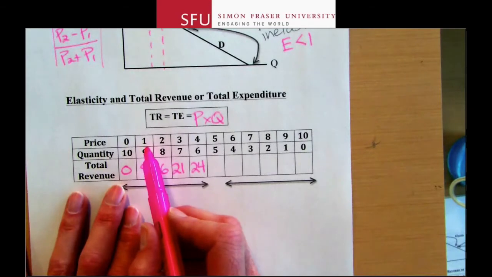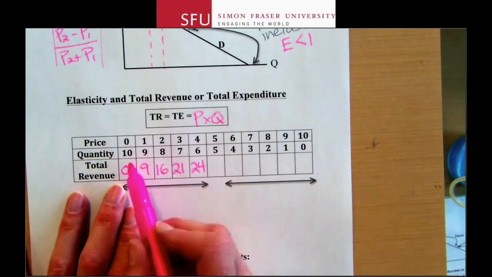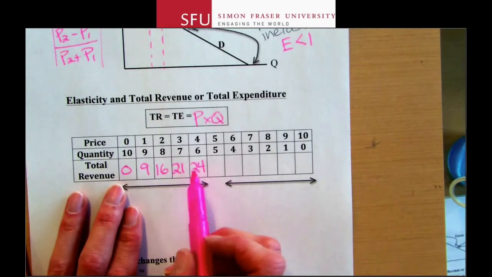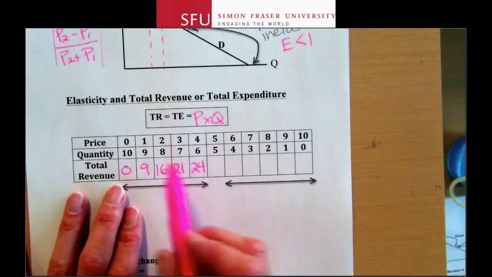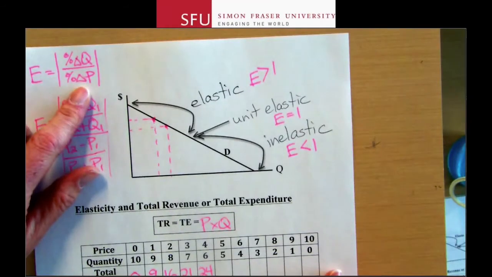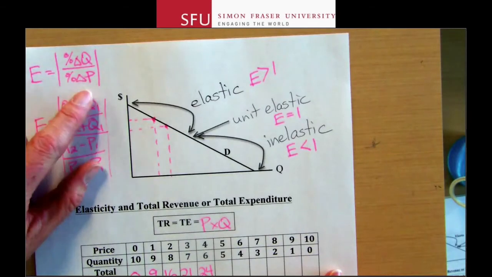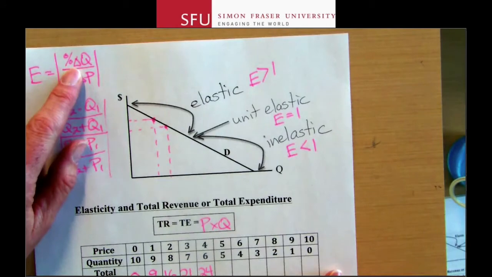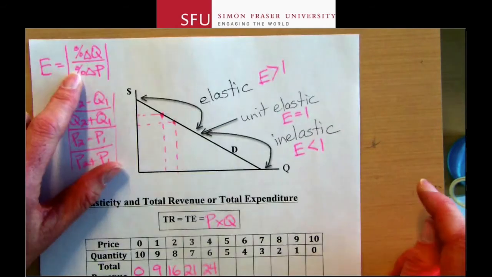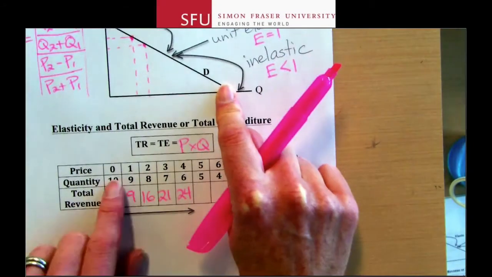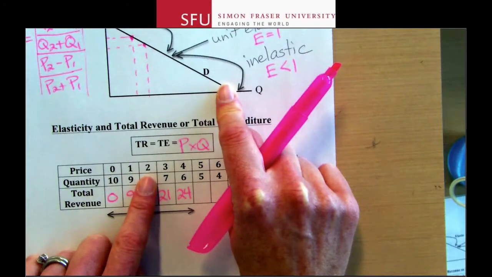So the percent change in the price more than makes up for the decrease in the quantity. So that means the percent change in P is greater than the percent change in Q. And so that makes a fraction of less than 1, which is inelastic, and so that's for the lower part of the demand curve where you've got higher quantities and lower prices.